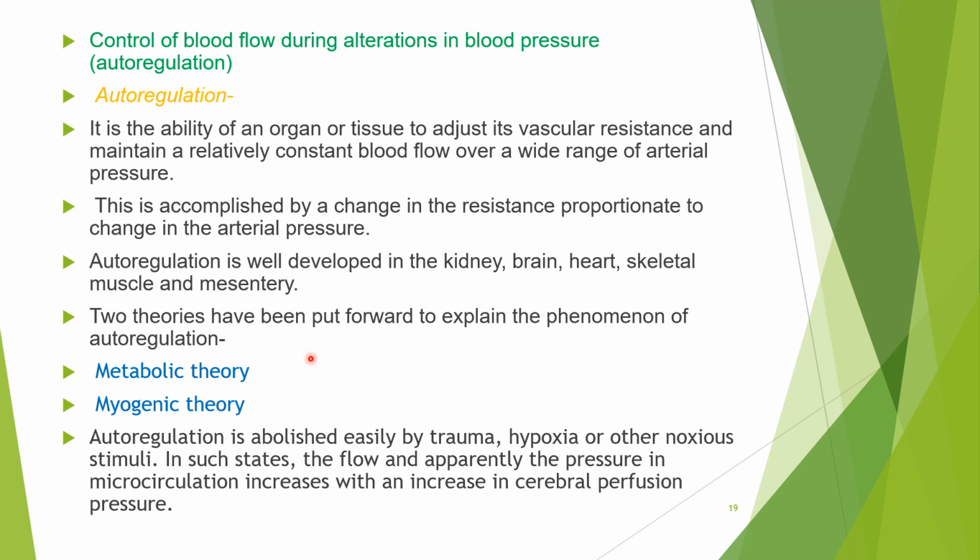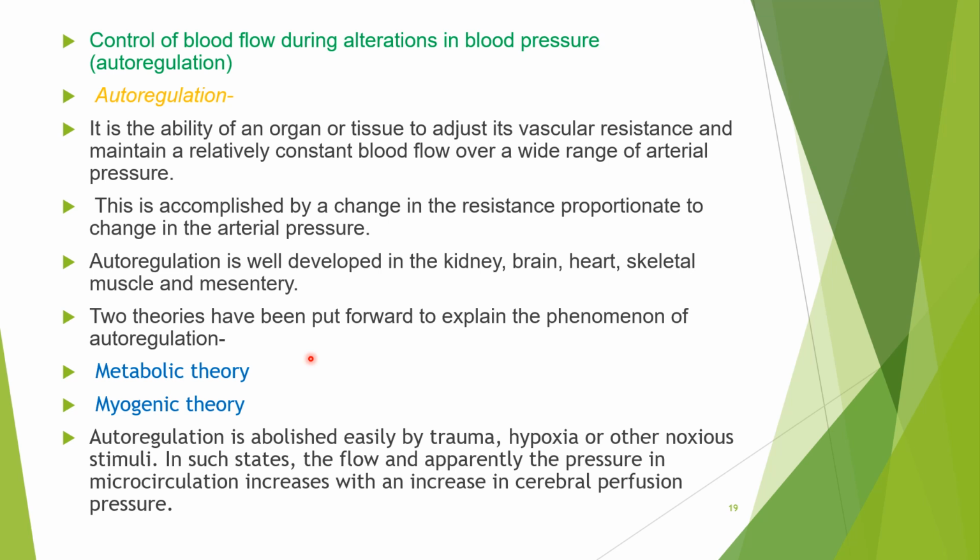This leads to washing out of the vasodilators present in the cerebral circulation. What are those vasodilators? It may be potassium, phosphate, carbon dioxide, adenosine, nitric oxide, H plus, etc. Then washing out of the vasodilators will lead to constriction of the arterioles.